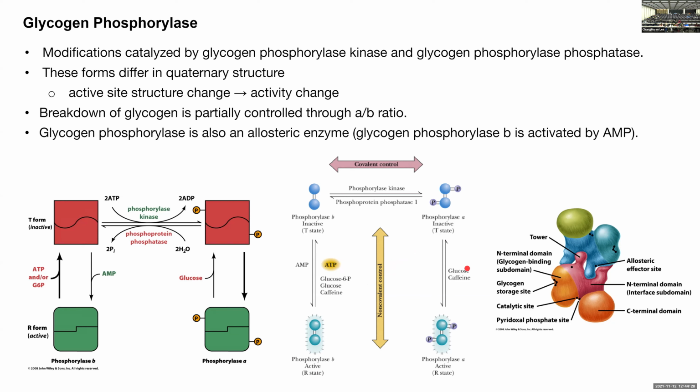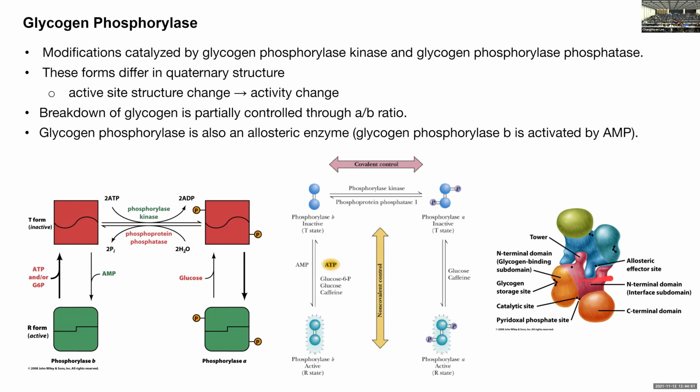In the same way for this one too, as well as here. Regardless of whether it has the phosphoryl group or not, it still has the allosteric effector site open, so it'll be affected by those modulators.